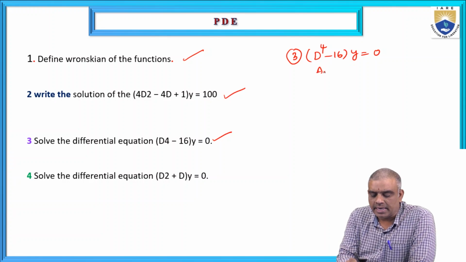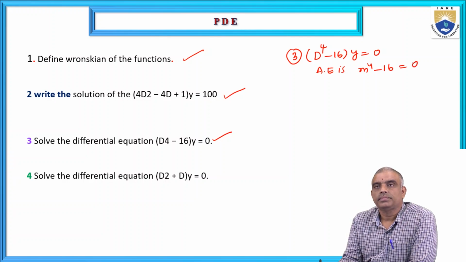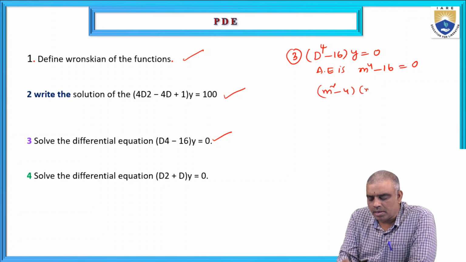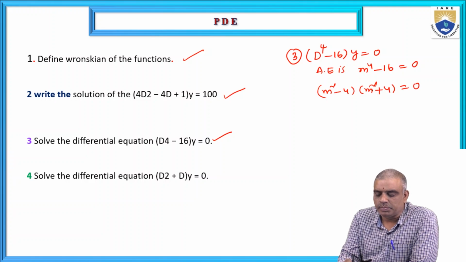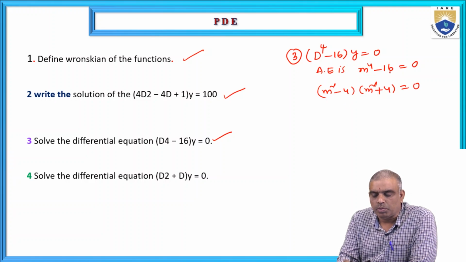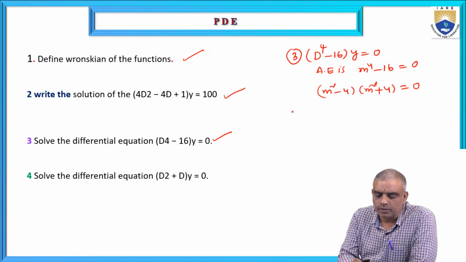So we write the auxiliary equation as m power 4 minus 16 is equal to 0, or I can write it as (m square minus 4) into (m square plus 4) is equal to 0, using a plus b into a minus b. That is m power 4 minus 16 is equal to 0.